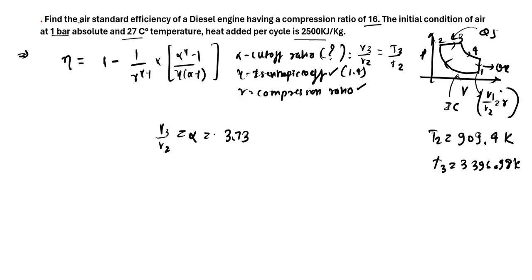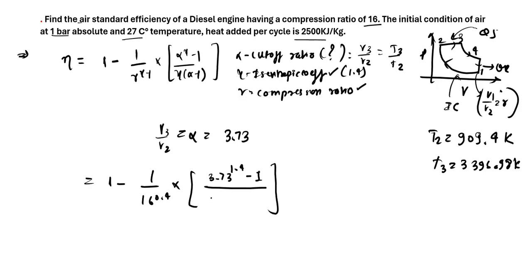If you put this cutoff ratio, the compression ratio and the gamma value in the original equation, we have 1 minus 1 divided by 16 to the power 0.4 into 3.73 to the power 1.4 minus 1, divided by 1.4 into 2.73.